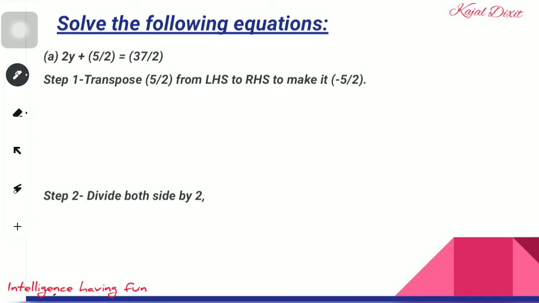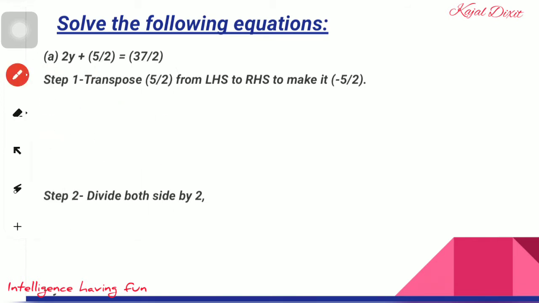Here we have to solve the given equation, and the equation is 2y plus 5 by 2 is equal to 37 upon 2. The first step to solve such an equation is to transpose this 5 by 2 to the other side.